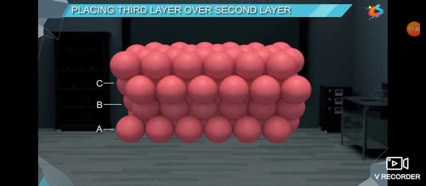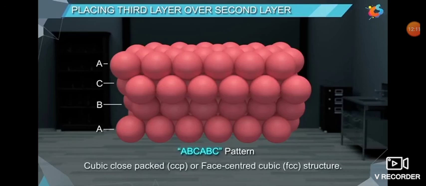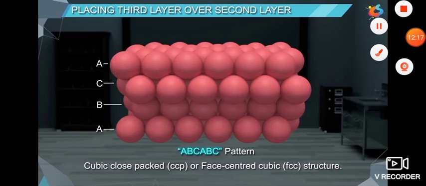This is also known as the ABC pattern, or the cubic close packed structure, or CCP pattern, or simply we can call this the face centered cubic pattern.